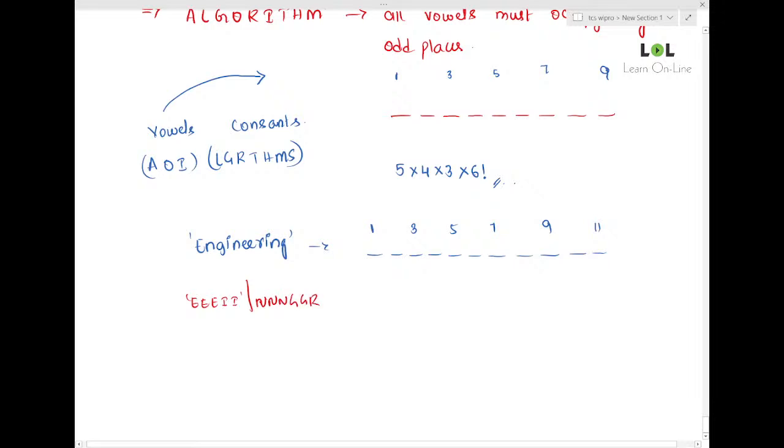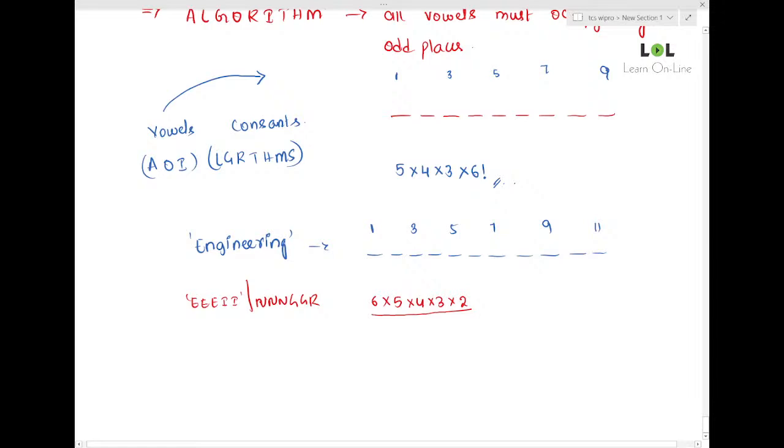Now, look. When the first vowel goes inside, how many places are there for it? 6 places. So it can be arranged in 6 ways. Second vowel 5 ways. Third vowel 4 ways. Fourth vowel 3 ways. Fifth vowel 2 ways. But careful, repetition divided by.